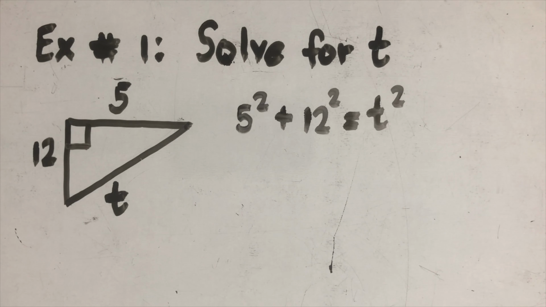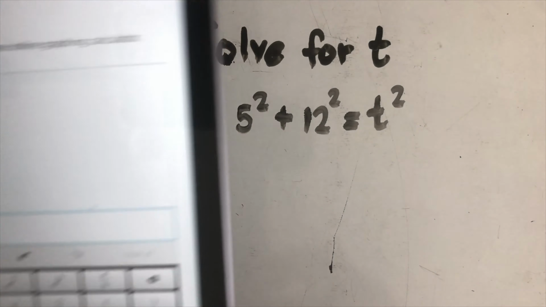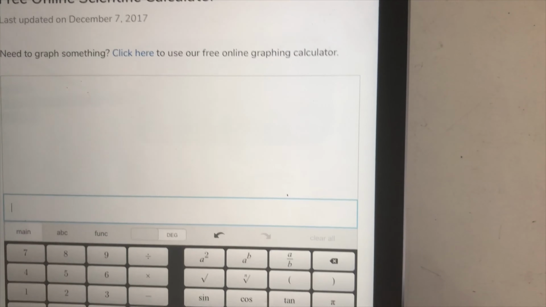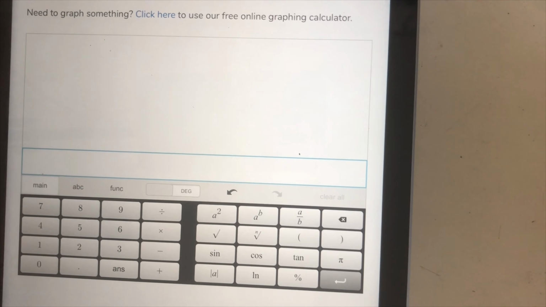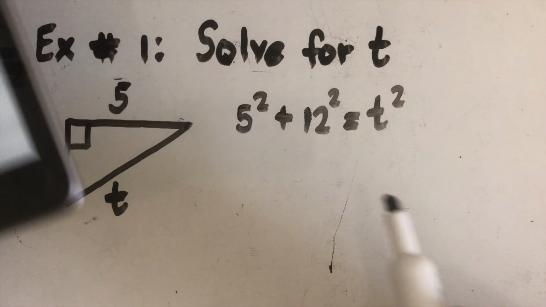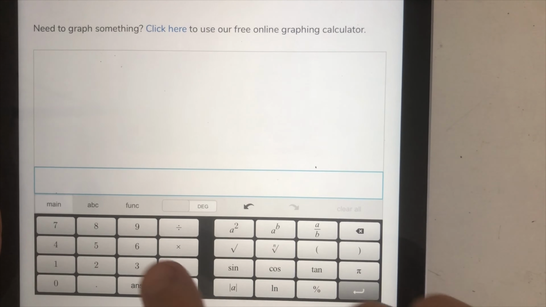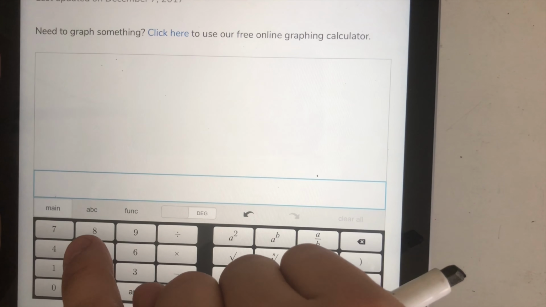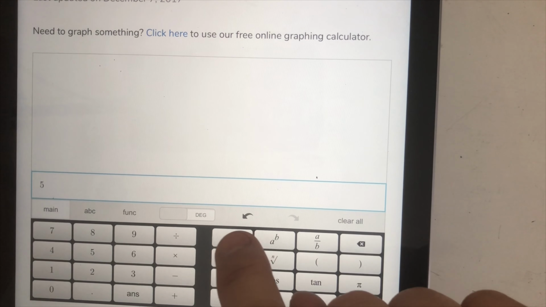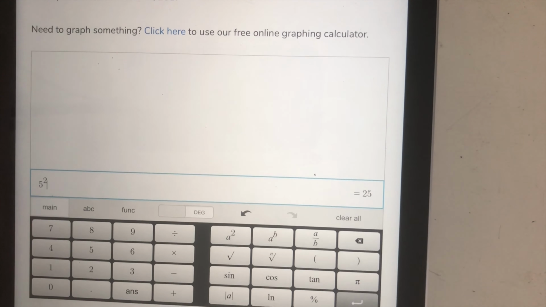Now let's see how this works. On Google Classroom, I actually have attached the link to the calculator that you can use. If you have a different calculator at home, you can also use that. To find 5 squared, there are two ways to do it. First, you hit 5, and then you hit this little a squared button right here, and that will give you 25.